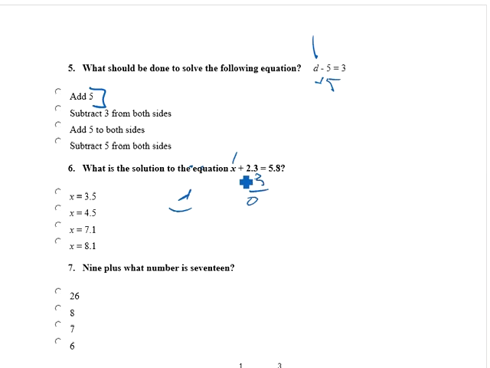If I subtract 2.3 on this side, I have to subtract 2.3 over here. So I have 5.8 minus 2.3. Line up my decimals when I do addition and subtraction. 8 minus 3 is 5. 5 minus 2 is 3. Bring my decimal straight down. I like answer number 1.